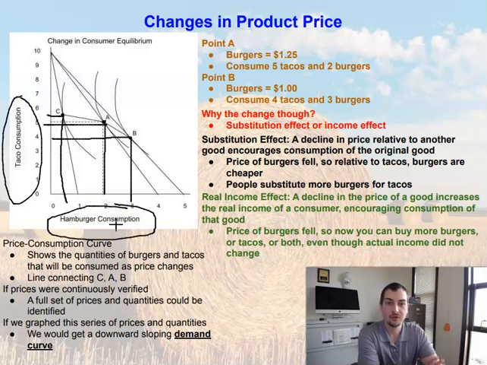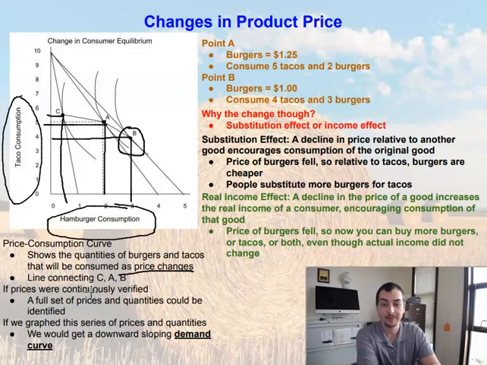It's going to show you the amount of each good that you're going to buy at the different prices. At a price of $1 per hamburger, you're going to consume 3 hamburgers. At the price of $1.25, you're going to consume 2 hamburgers. At the price of $5, you're going to consume less than 1 hamburger.